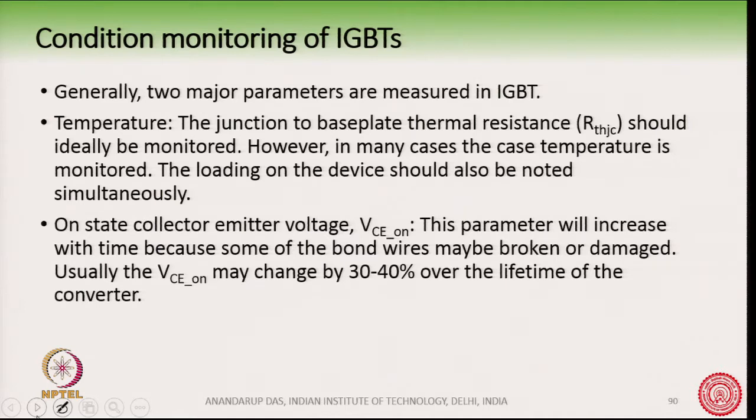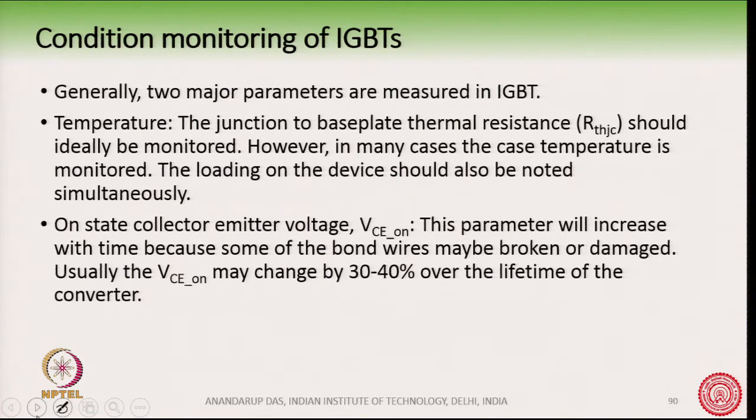Another very interesting parameter that can be observed is the on state collector emitter voltage, VCE on. Again, this will also increase with time because some of the bond wires may be broken or damaged. Usually in an IGBT, this VCE on is about 1.7 to 2 volts, but it can go very large, to 3.4, under the same loading condition.